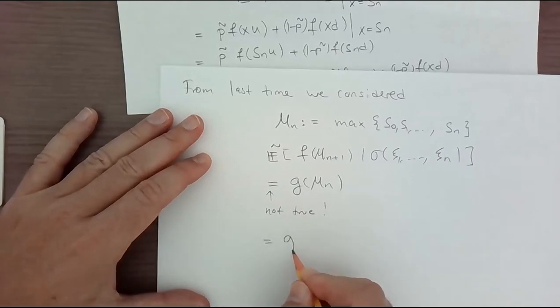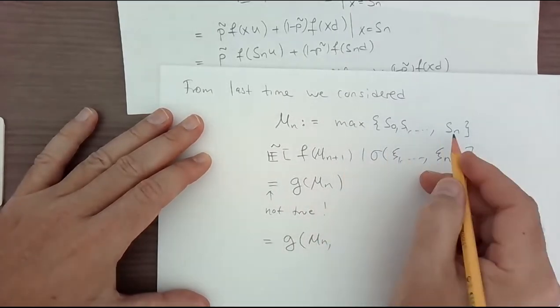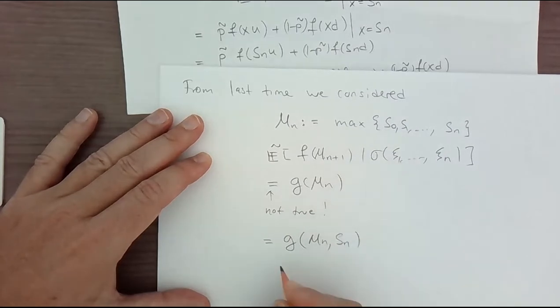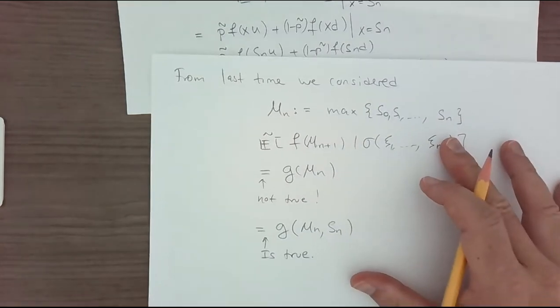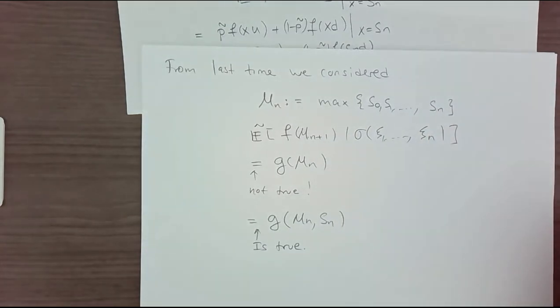What is true is you can write this here as a function of Mn, and then you also need to keep track of Sn. This is true. You guys remember these calculations we did here last time?